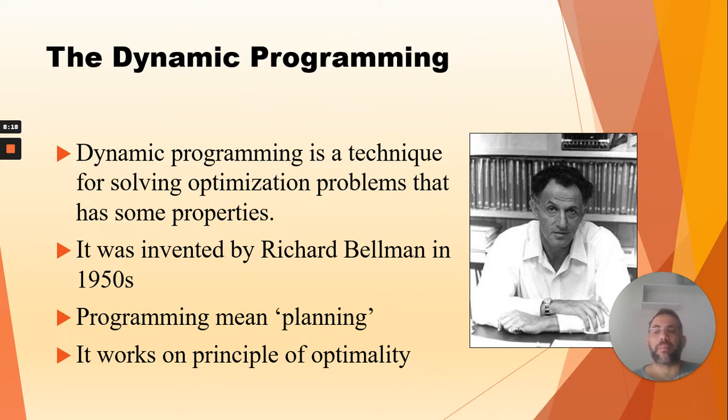Dynamic programming works on the principle of optimality. This principle was defined by Richard Bellman, and it says that the optimal solution of an optimization problem is composed of the optimal solutions to its subproblems.